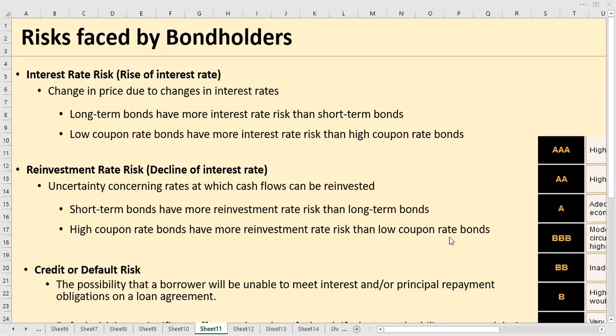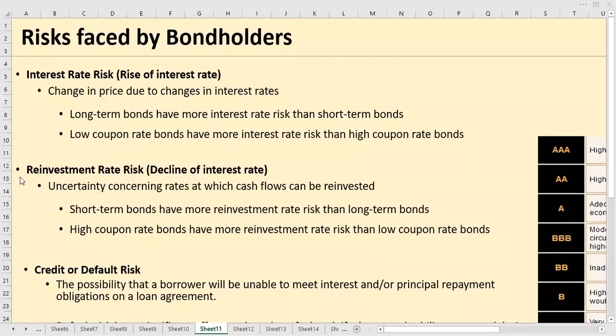So you need to know those two terms. Interest rate risk is high when there are long-term bonds with high maturity, and when there are low coupon bonds.